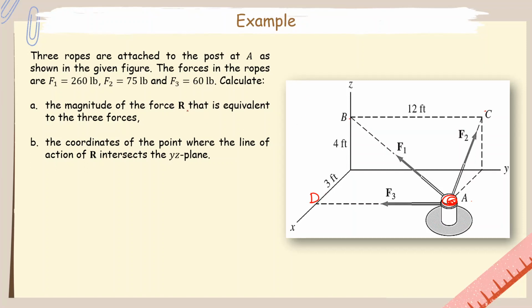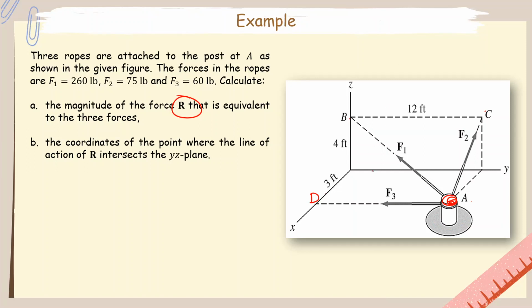Okay? Basta may equivalent, resultant na siya. So, let's find that. And letter B naman, the coordinates of the point where the line of action of R intersects the YZ plane.